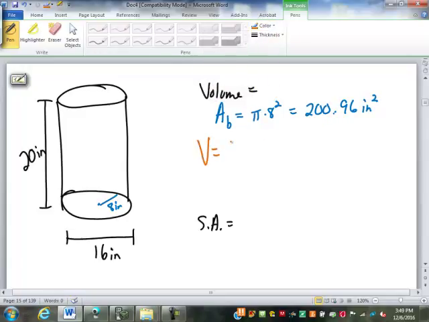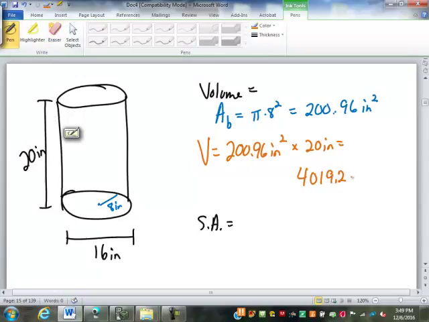So the volume, 200.96 square inches times a height of 20 inches. 4,019.2 inches cubed, look correct?